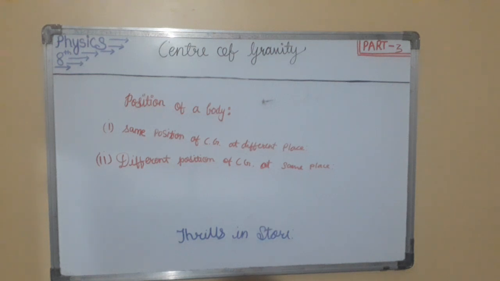Consider a book placed in three different positions. When the same force is applied on three of these positions, the book in positions A and B falls. In A, B they are like this, and in C they are like this, sleeping.